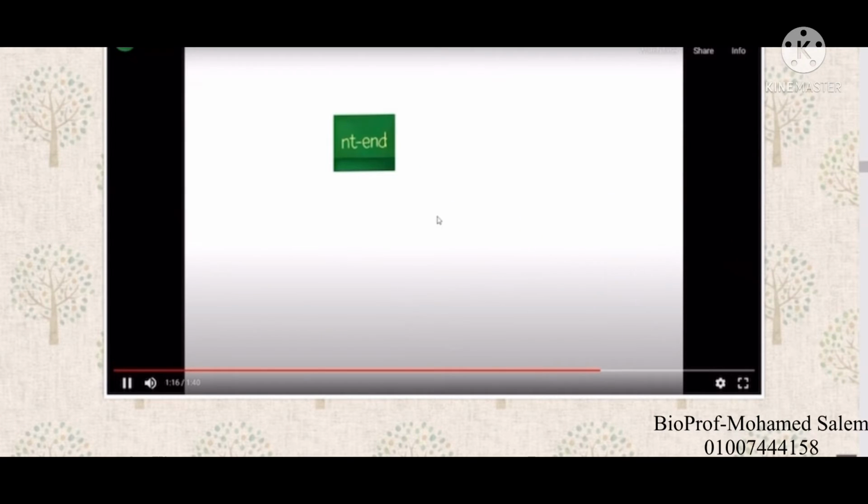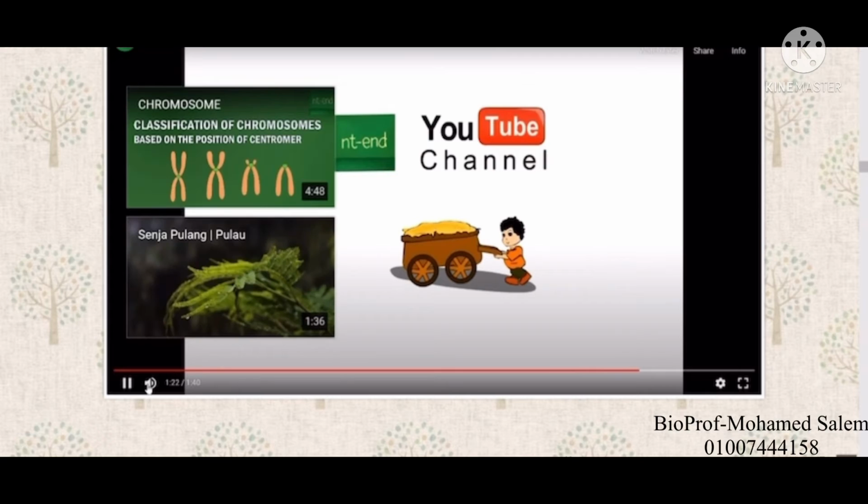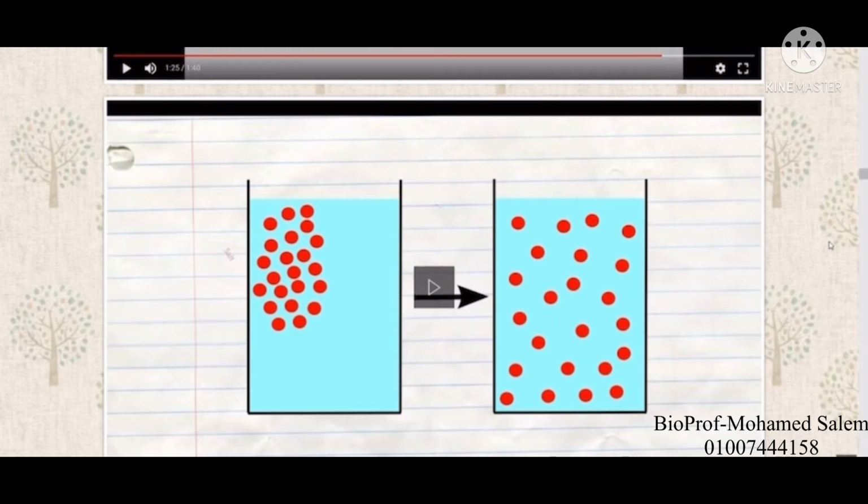And if we put it in isotonic solution, the concentrations of salts and water will be equal, so the plant doesn't change its size.